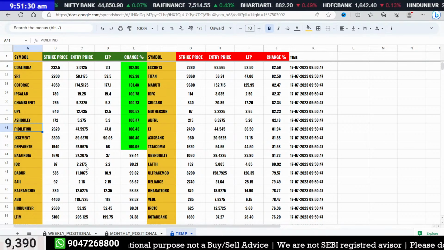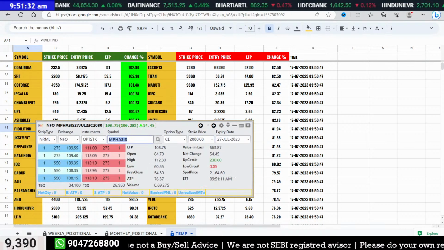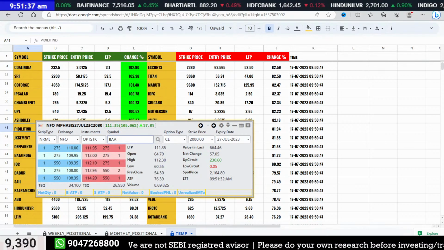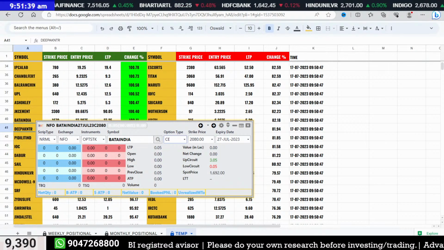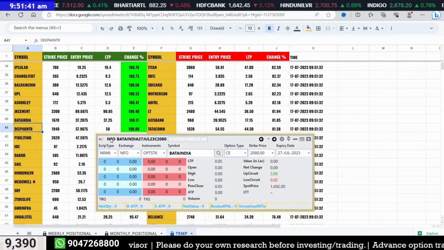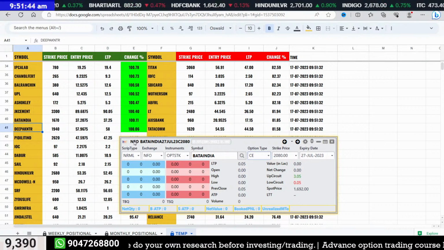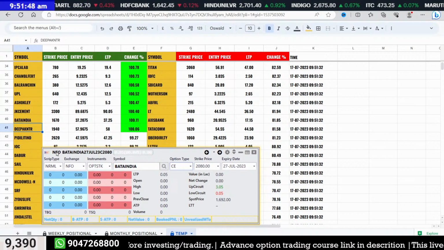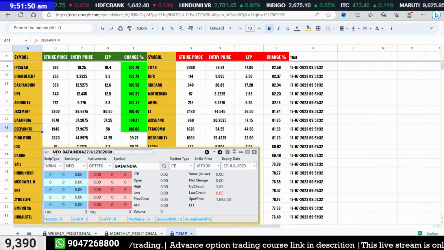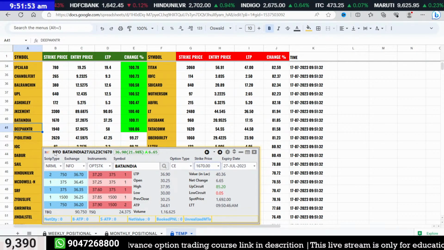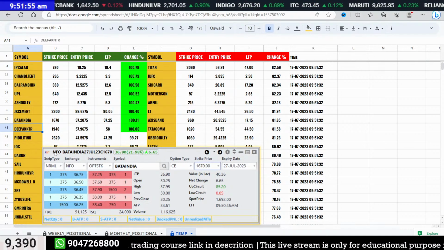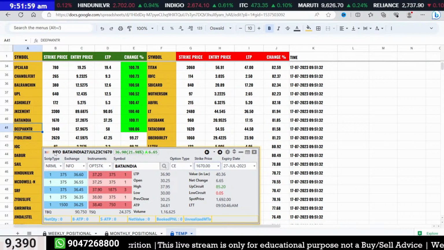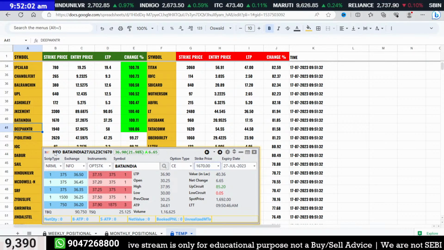Okay, this Bata. But we have to check whether it is liquid or not. And this is also liquid.